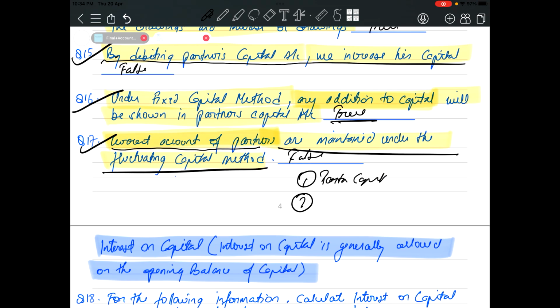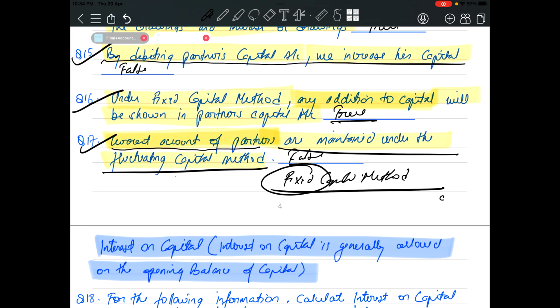The current account is prepared under the fixed capital method, because the partner's capital account will be fixed, no? So all the transactions will go to the current account of the partner.